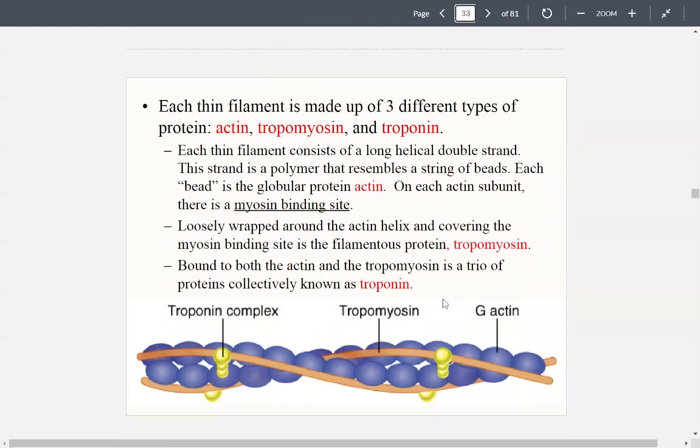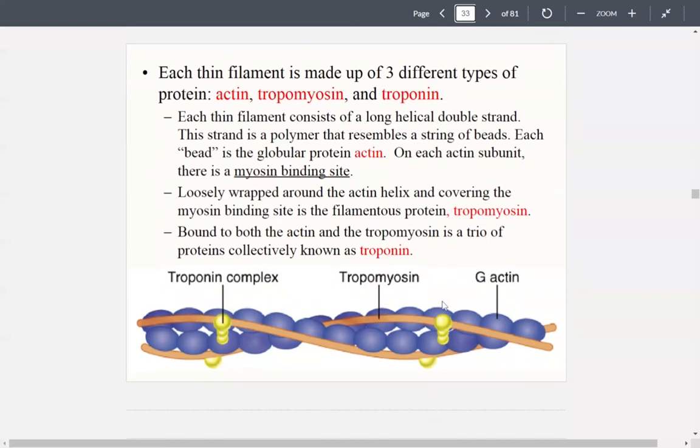Now, its opposite, what it is going to come in contact with during the contraction portion of this conversation, is going to be the thin filament. Thin filament is known as actin, and it's actually made up of three different types of protein: actin, tropomyosin, and troponin, but we simply refer to it as actin. Actin is going to be a long double helical strand of actin molecules.